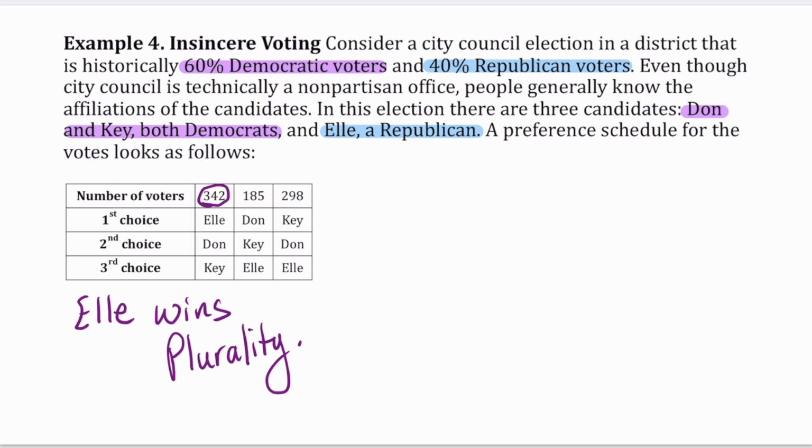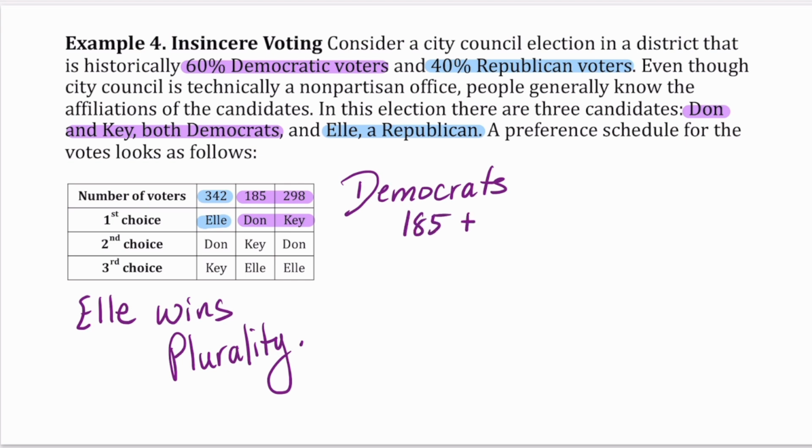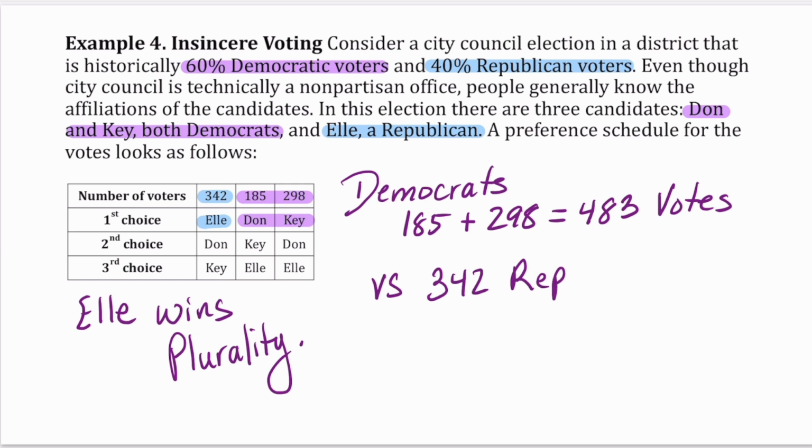However, if we think about the historical percentages for Democrats and Republicans, with Don and Key both being Democratic, if we were to add up their total number of votes, we would see that there are 483 people who voted for a Democratic candidate, which is more than the 342 votes that went towards the Republican candidate.